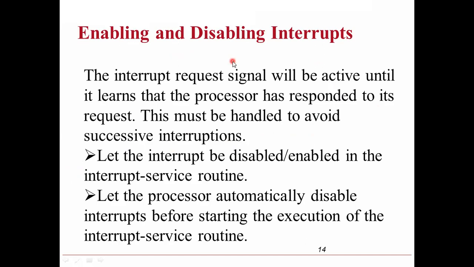Here, the interrupt request signal will be active until the device learns that the processor has responded to its request. The interrupt request signal will be active until then. Let the interrupt be disabled or enabled in the interrupt service routine. Disabled means it comes out from the interrupt service routine; enabled means it goes to the interrupt service routine.